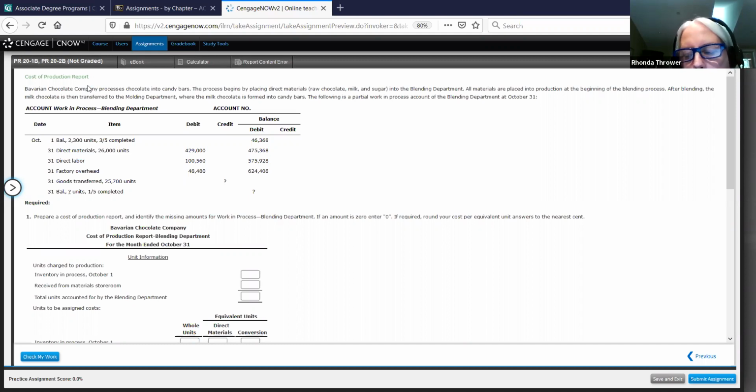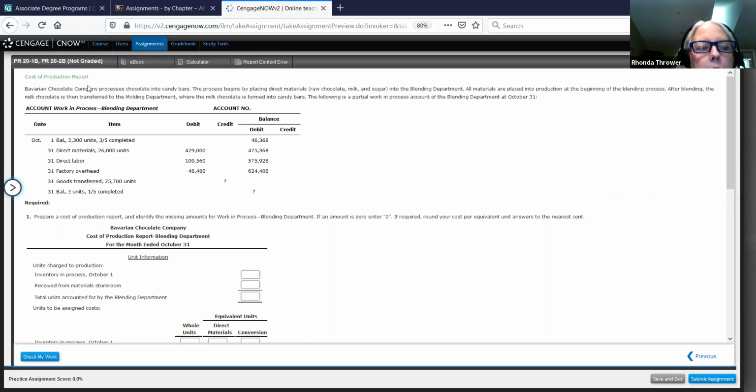As we talked about in the last video, in a process cost accounting system, each department in your company will have its own work in process account as well as its own factory overhead account. So there can be multiple work in process accounts and factory overhead accounts in a company.